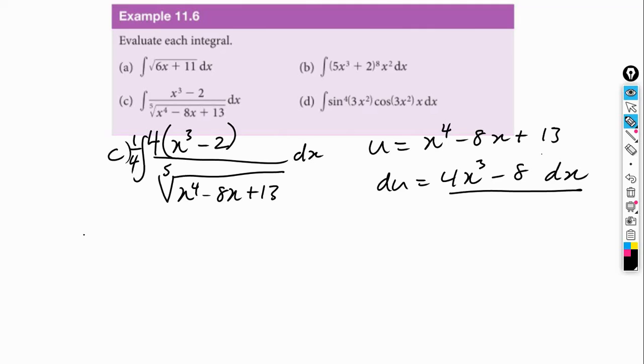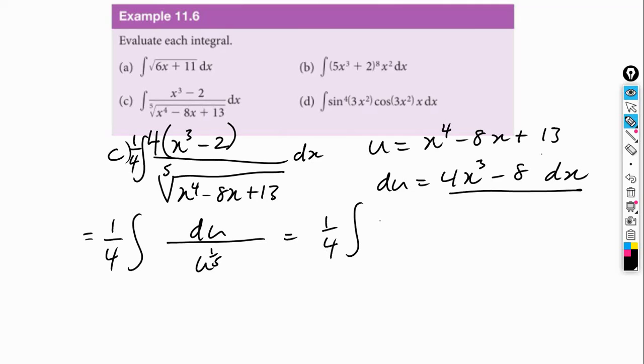So this is going to be the same as saying 1/4 the integral of du over, and yeah, let's just do it step by step. So this over u to the 1/5. But notice that this is the same as saying 1/4 the integral of u to the negative 1/5 du.